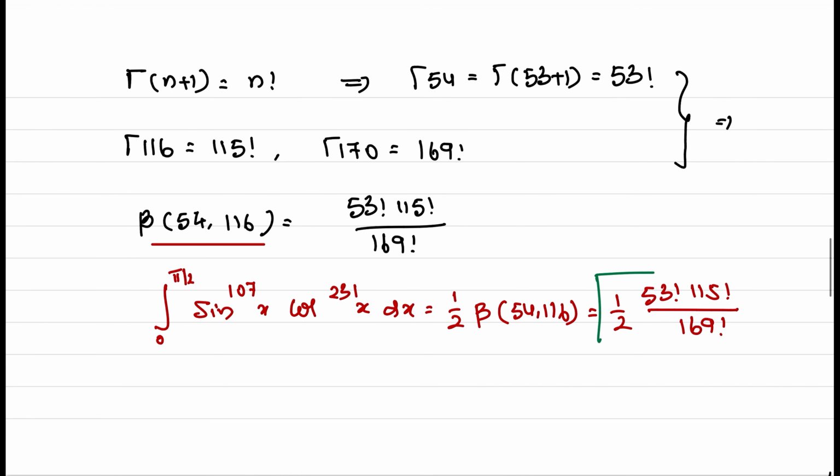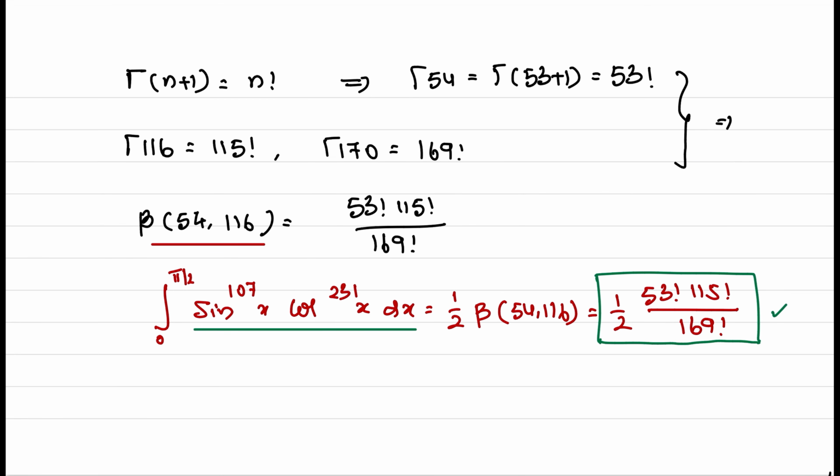This is the answer in factorials. That means we have got a numerical value from the given function f(x) dx, where f(x) is sin to the power of 107x into cos to the power of 231x, x varying from 0 to pi by 2. This is the integral value.